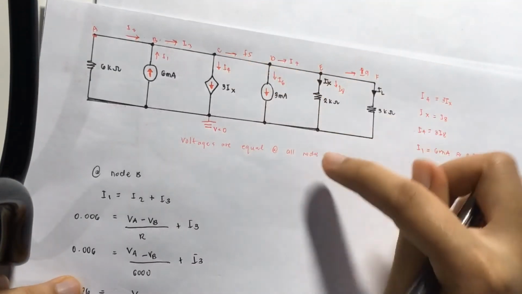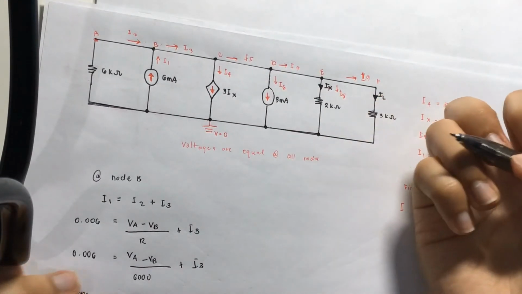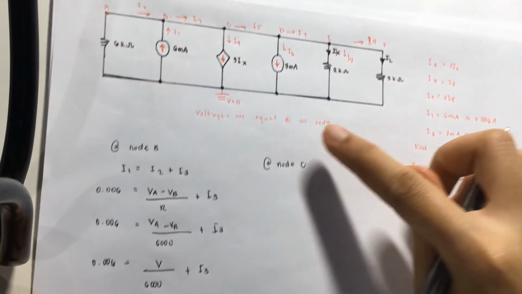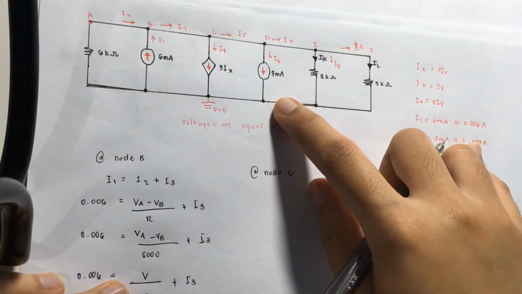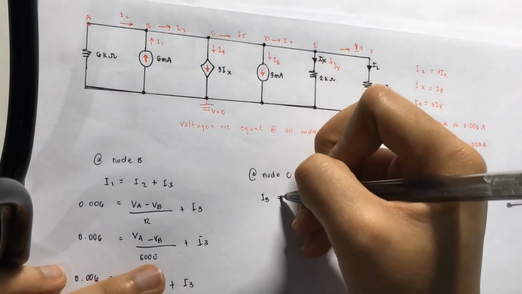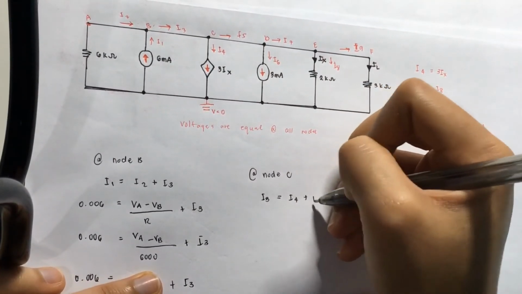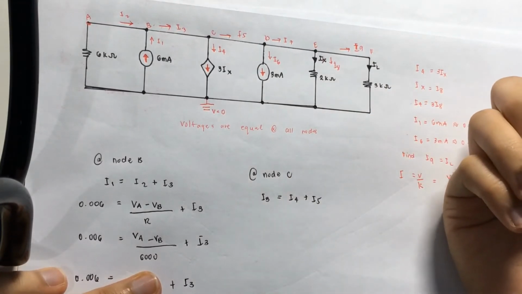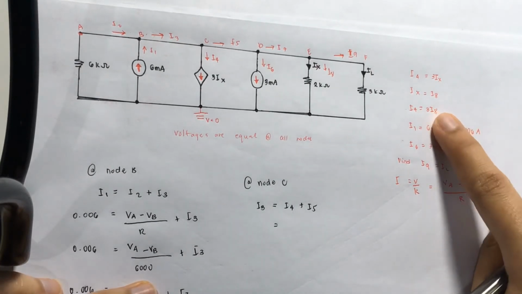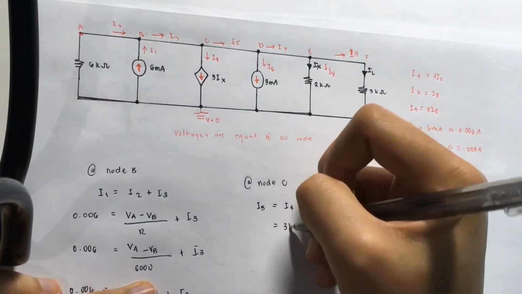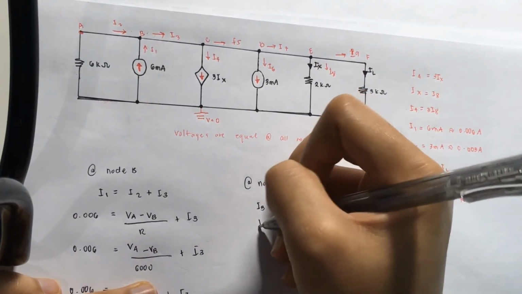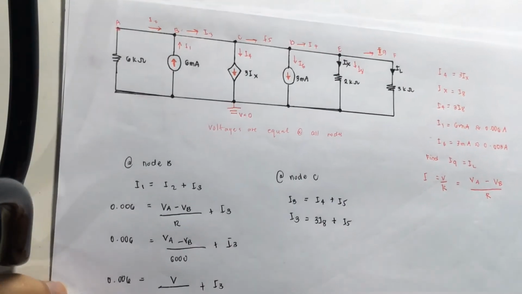Next, we go to node C. At node C, I3 is going into node C, so I4 is equal to I5. And earlier we got that I4 is equal to 3I8, plus I3 for I5.